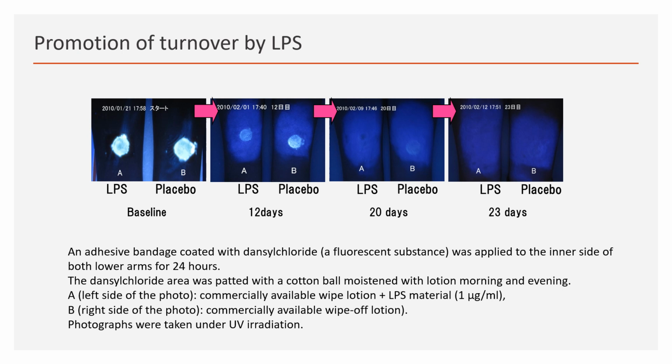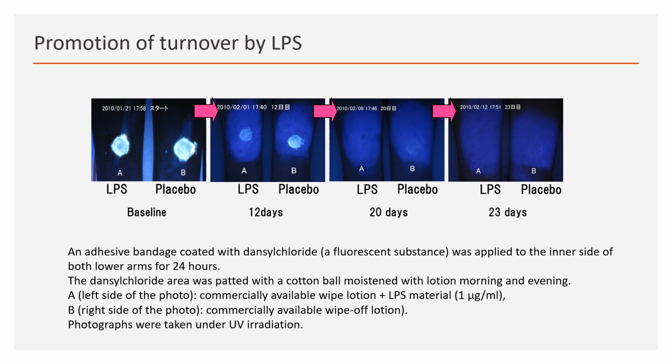This photo shows an experiment to see whether LPS actually promotes turnover. In this test, the same amount of a fluorescent substance called dansyl chloride is first applied to both arms. Dansyl chloride binds to amino acids so it cannot be washed away. It is invisible under daylight, but it is luminous under UV light. The subjects patted their arms applied with dansyl chloride, with lotion containing LPS on one arm, and placebo lotion on the other arm, in the morning and evening.